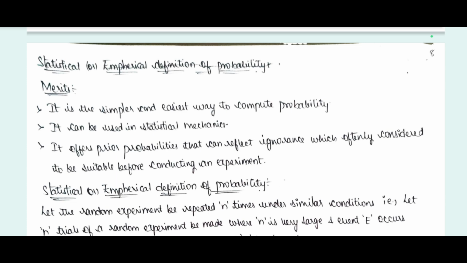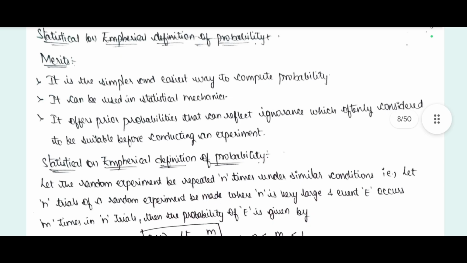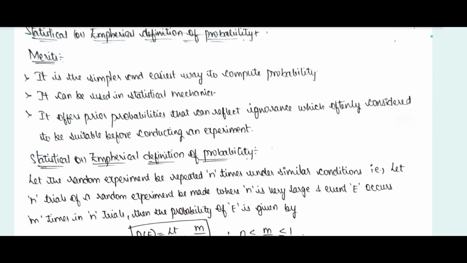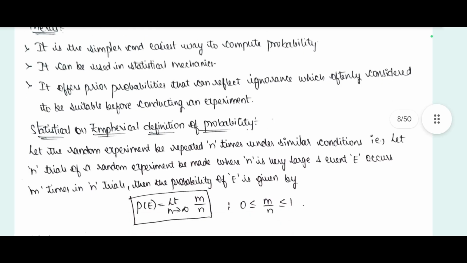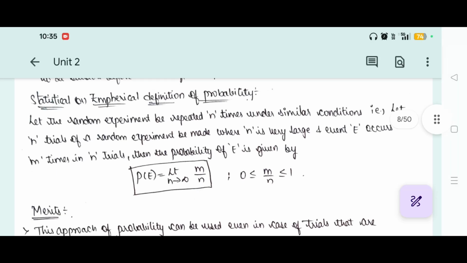It offers prior probabilities that can reflect ignorance, which are often considered suitable before conducting an experiment. So for those reasons we are going to learn another definition, called the statistical or empirical definition of probability.